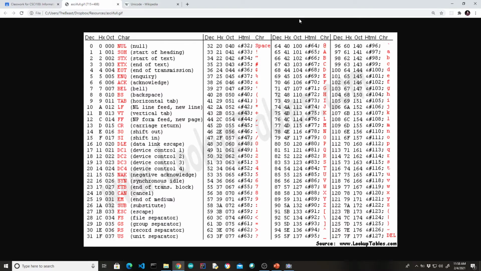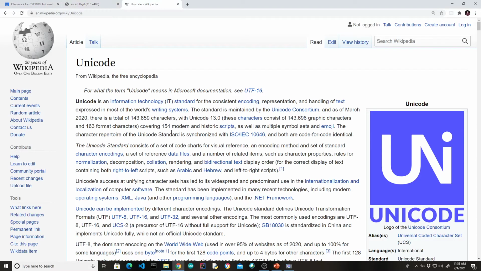So for that, there is something called Unicode. Unicode covers characters from all these other languages, whether it's Arabic, Chinese, or Greek letters.